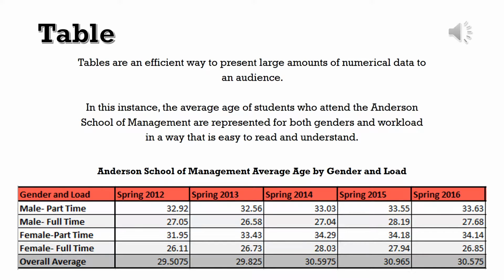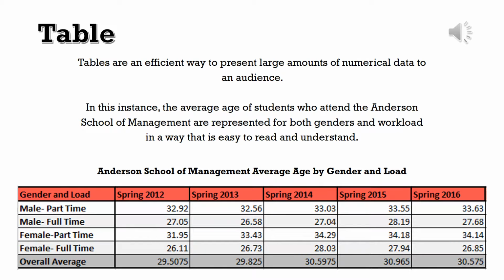so that our new audience, which is the Anderson School of Management, and that can be the staff or the students, are able to locate this information quickly and easily by using this table because it's organized in columns that represent the years and rows that represent the gender and the load of the students. So if I'm looking for information on Spring 2014, I know to go to this column and I can easily see the information for that year.